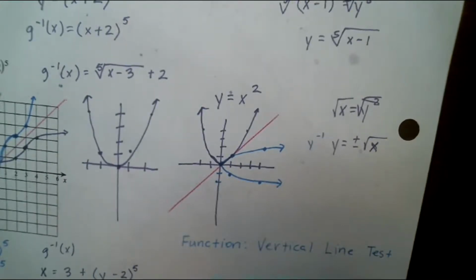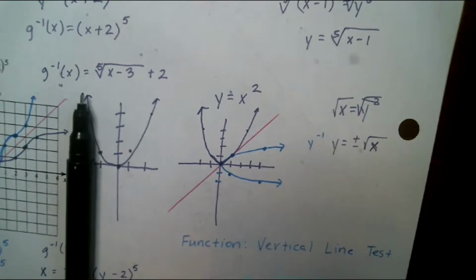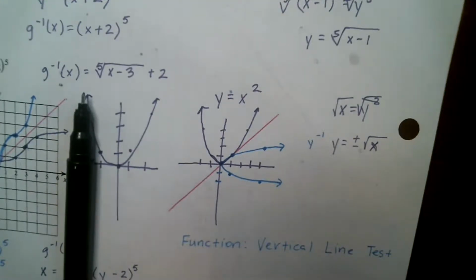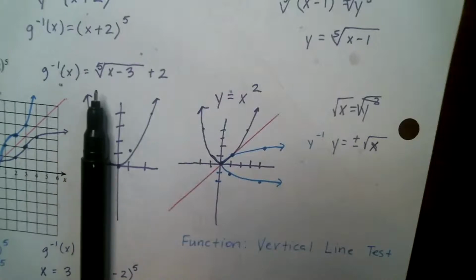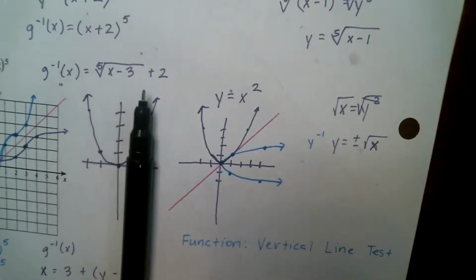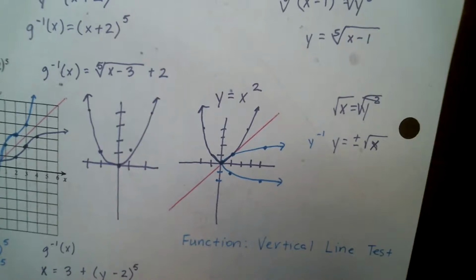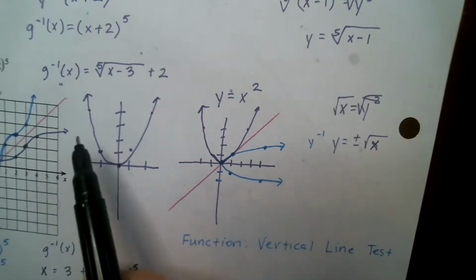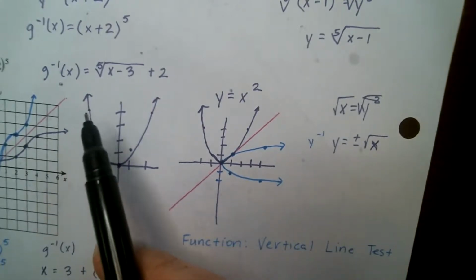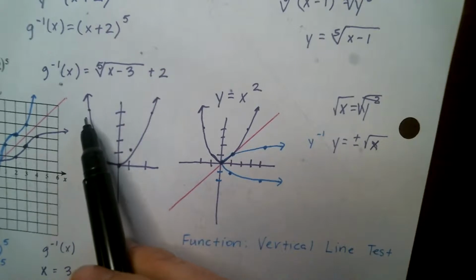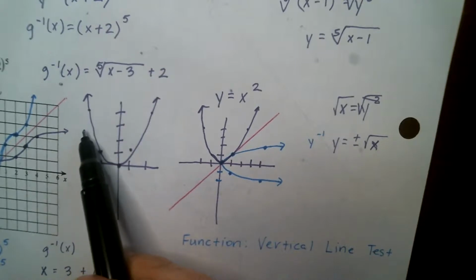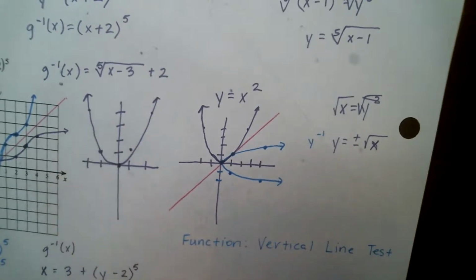Does it pass the vertical line test? Someone type that in. Yes or no. Does this pass the vertical line test? Good. Yes, it does. Okay. Now, the question is, where does that vertical line test come from? Well, that vertical line test came from this. If any x repeats, it's not going to be a function. So if an x repeated here, if an x was the same, it wouldn't pass the vertical line test.